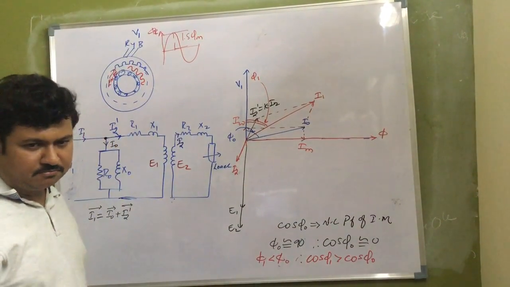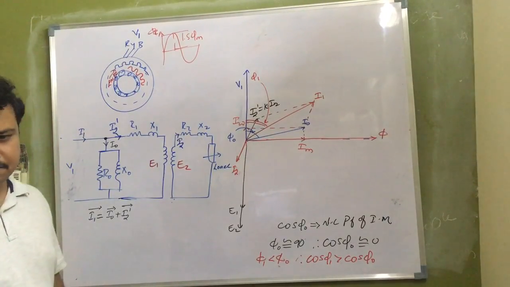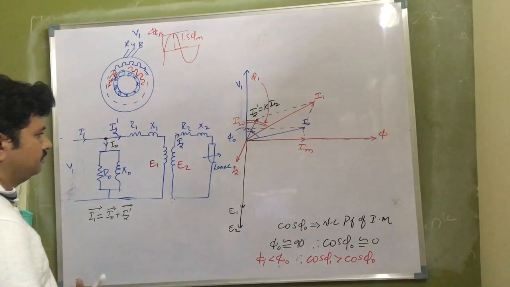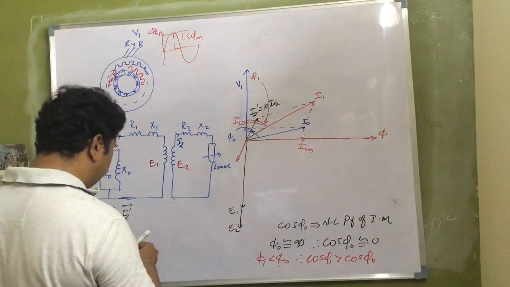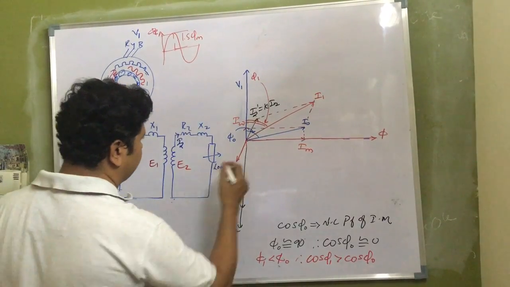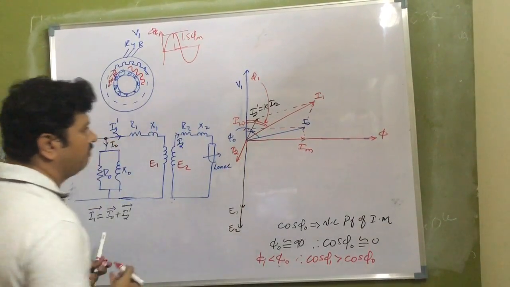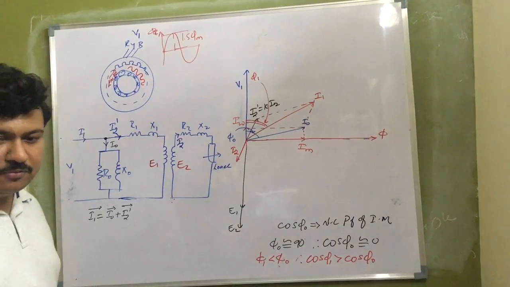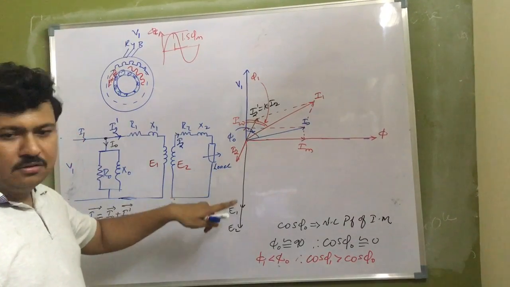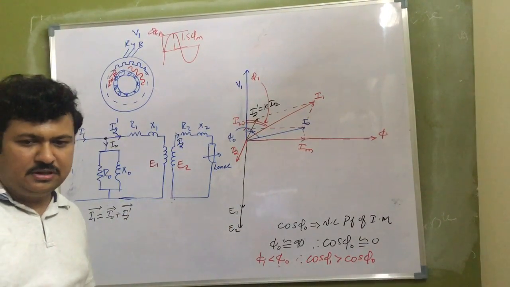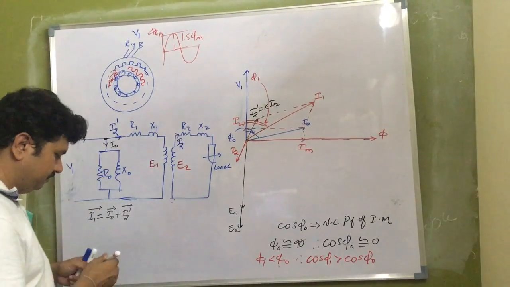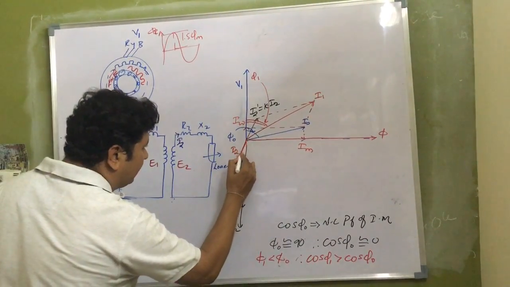This is one condition. Next, I will increase the load further. See, the lagging angle between I2 and E2 will not be different because the inductiveness of the winding is the same. It is not changing. So the magnitude of I2 will increase.